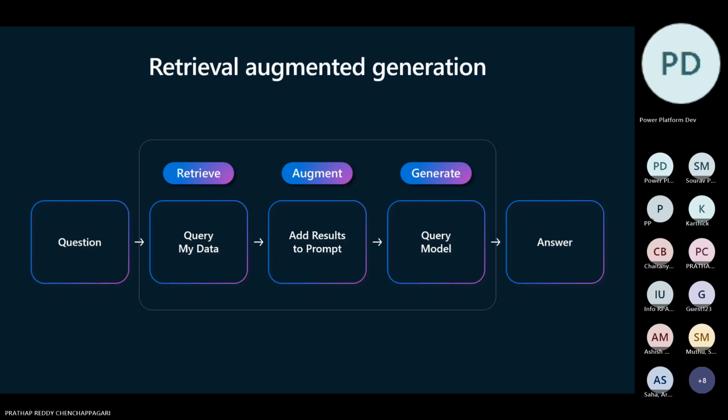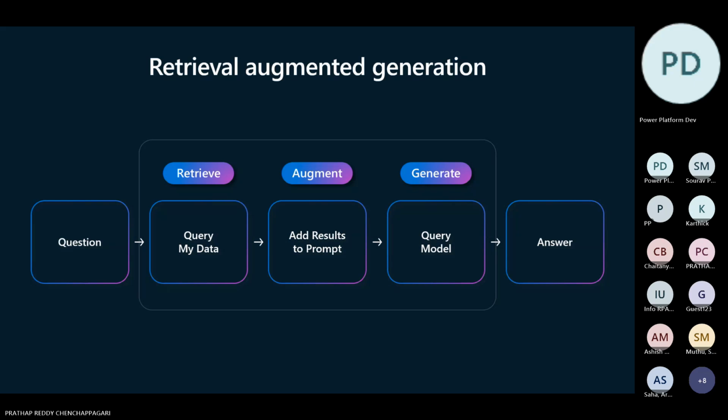The next part is that we need to make sure we are cost optimized also. One thing we can utilize from an architecture point of view when we are doing prompting is a concept called retrieval augmented generation. What does it mean? It's very simple.